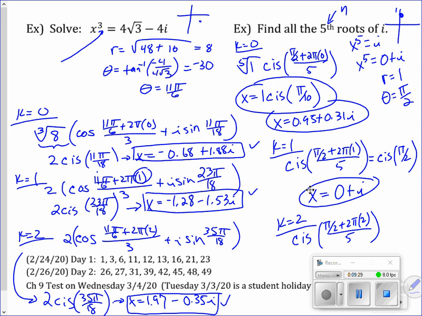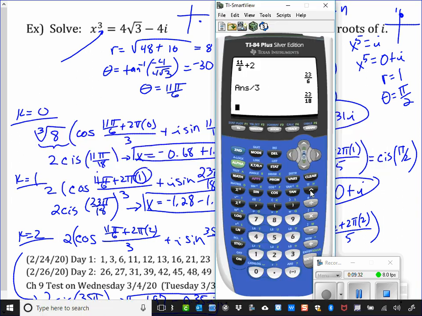Remember, on my calculator I'm getting that angle by starting off with pi over 2, so I'm starting off with 1/2, leaving out the pi part, plus 4, and then dividing by 5. So that's how you get your angle, which is 9/10 pi.